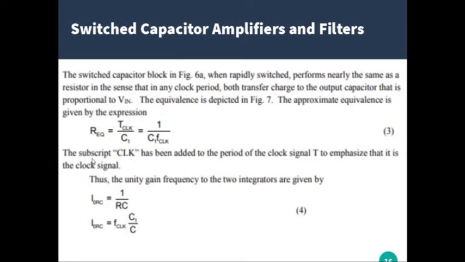The subscript CLK has been added to the period of the clock signal T to emphasize that it is the clock signal. Thus, the unity gain frequencies of the integrators are given by, okay, this is the time constant of the RC, or resistor capacitor integrator, and this is the time constant for a switched capacitor integrator.